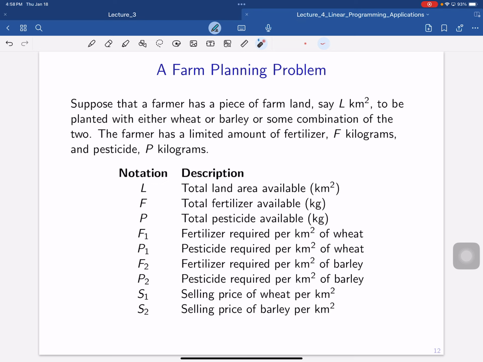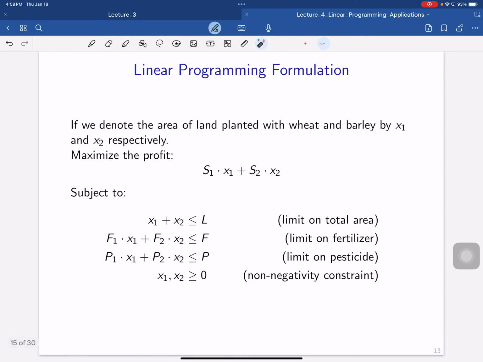And then you can define those variables here, their selling price for those products, and then the requirements. The variables we can have would be the area of land planted with wheat and barley. You can denote them by x1 and x2.